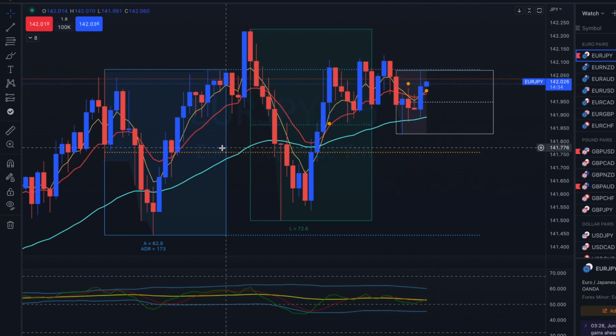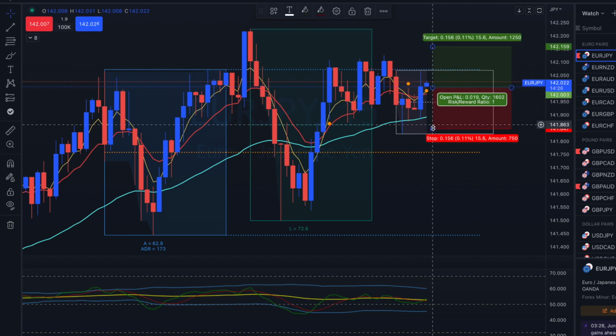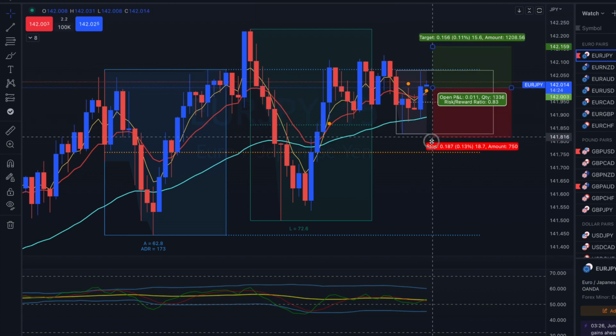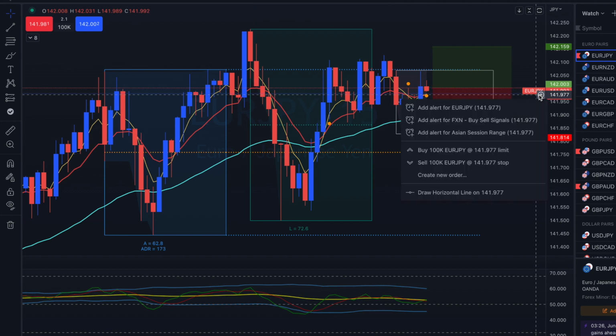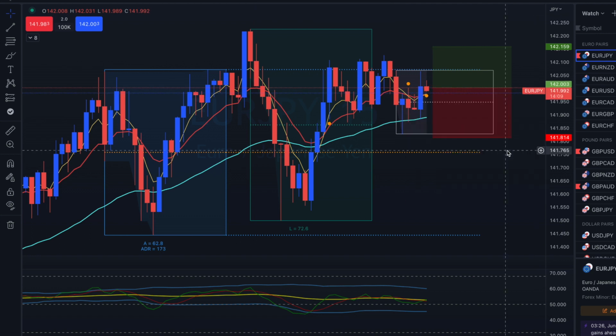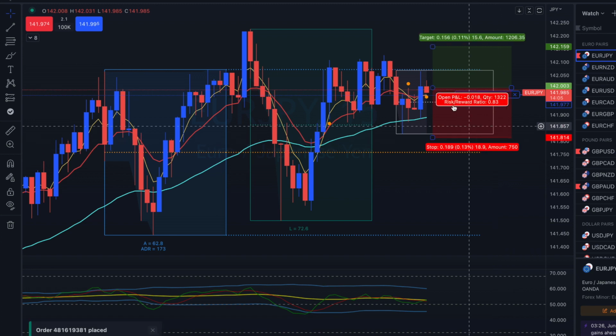Now, what I really want though is a pullback candle, because that candle being that big in size, I don't think it's going to be a good entry. So I'm going to need, let's say, a pullback candle somewhere in here. Let's see if that takes it there.